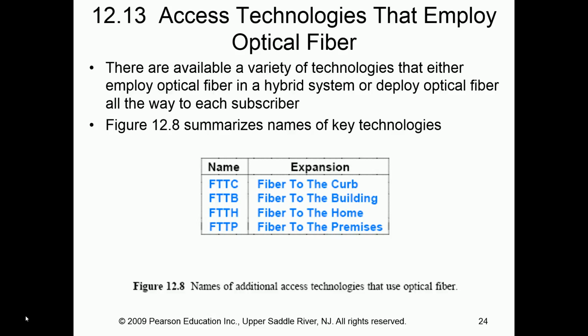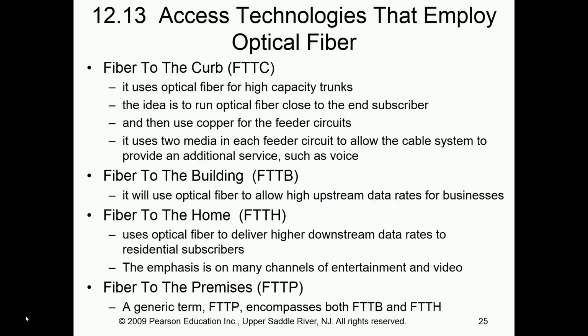So how many types of hybrid fiber technologies are there? We have fiber to the curb, fiber to the building, fiber to the home, fiber to the premise. What's the difference? Fiber to the building versus fiber to the home. Same thing. Normally, fiber to the premise is the generic term that encompasses all of them.